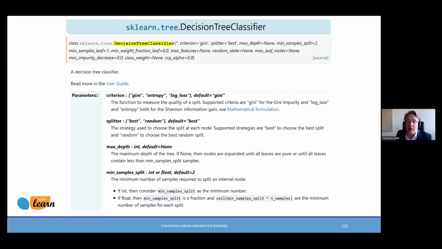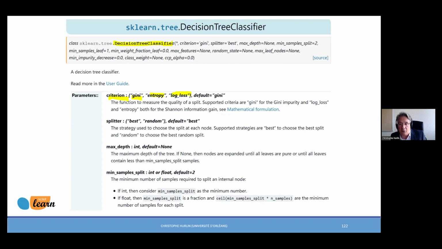And we have some options. I will show you how to implement them, but just to know if you have understood all the options. First, we have a criterion. We have 3 possible criteria: Gini, entropy, log loss. This corresponds to the 3 impurity measures that I presented to you.